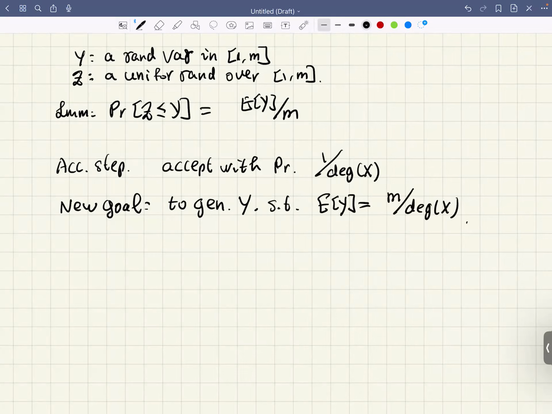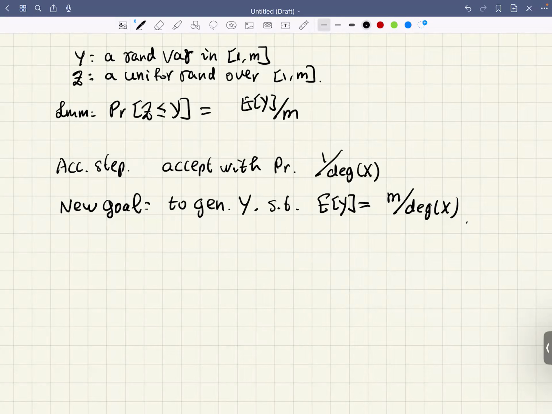And they're all good. Let's see why. Once again, let's not get lost in the big picture. Here I got this x fixed to a particular element. You want to toss a coin, and this coin comes up heads with this probability. You have this lemma to help you.